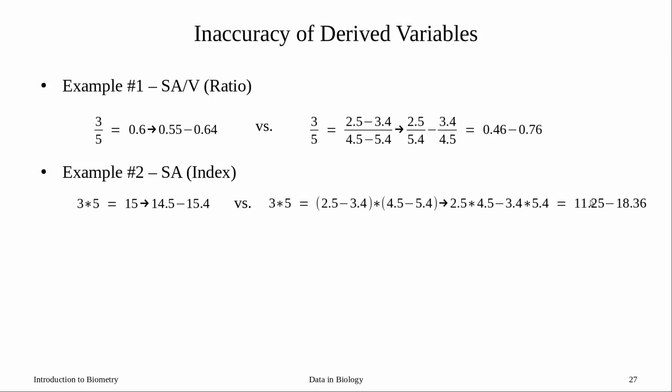But now our actual error is much, much larger: from 15, we're talking about almost 4 units below versus 0.5, and 3 units above, which again is much larger than 0.5. Just realize that when you work with derived variables, you can have an increase in error rates, and it's something you may have to consider.